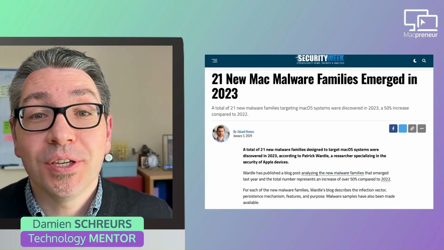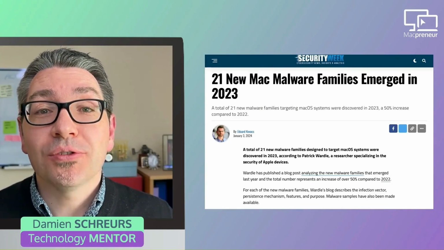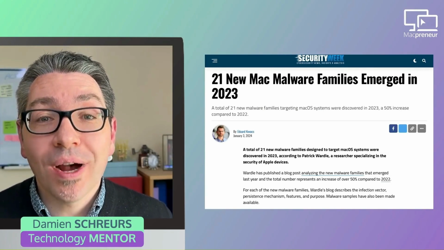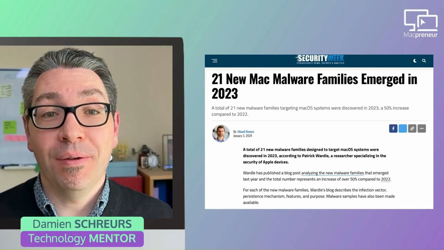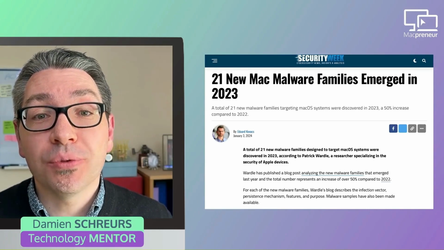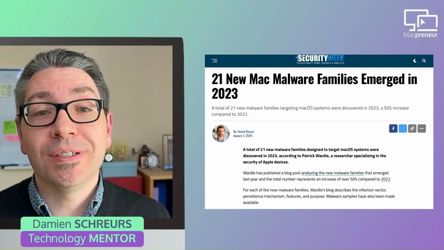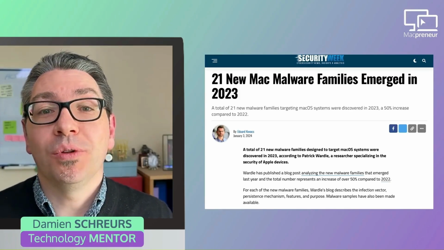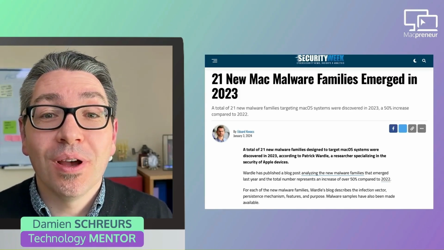And according to Security Week, 2023 saw the emergence of 21 new macOS malware families, which was a 50% increase compared to 2022. Now, having said that, it's nowhere near what plagues Microsoft Windows.